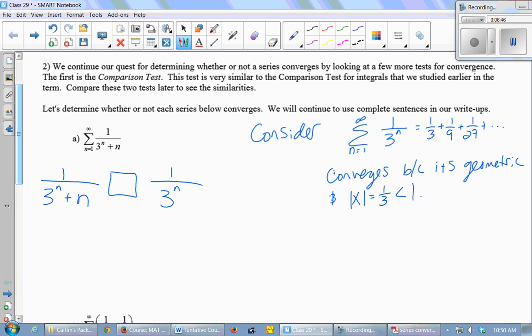Whatever 3 to the n is, they have that in common, and then I'm going to add something to the denominator. Denominator is going to be bigger, the fraction will be smaller. So every term in this series that I'm interested in is smaller than the terms in this series that I know converges. So this sum has to be smaller than that convergent sum, so it's also convergent.